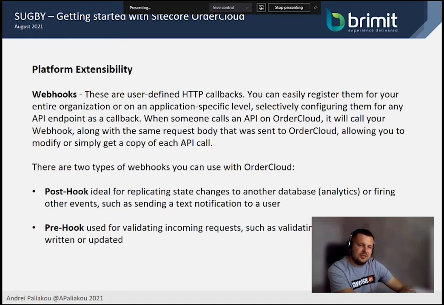And there is also another option, a pre hook. It means that when we're making requests, let's say for order creation or add to cart, it is possible to validate or even update the request based on the logic which should handle this request.